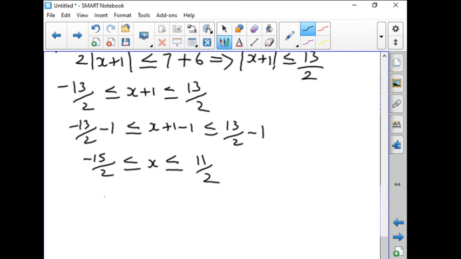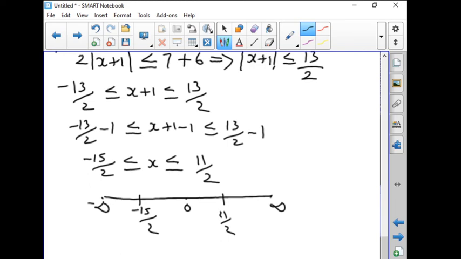So what about the graph again? This is minus infinity and this is infinity. Take 0 here. So 11 by 2 will be somewhere here and minus 15 by 2 here.